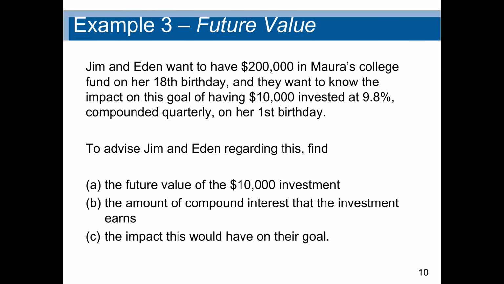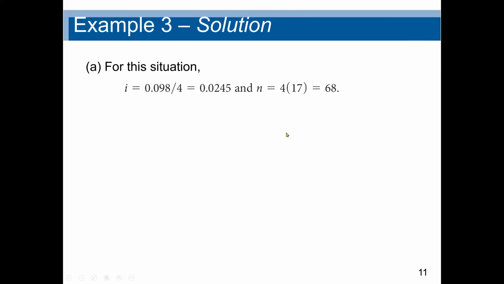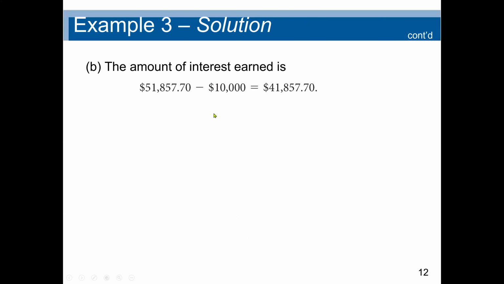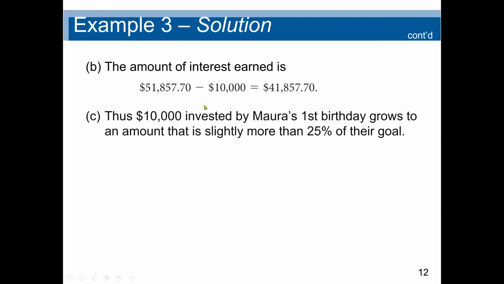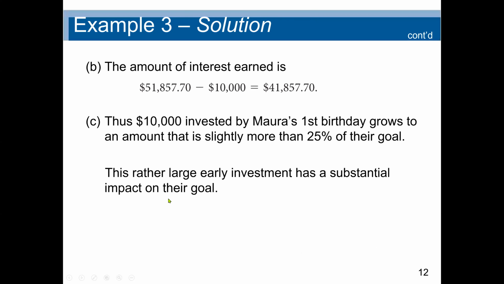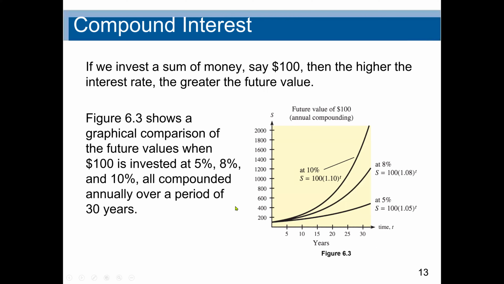So they want 200,000, and by looking at this investment, we have an amount of $51,857.70. So roughly we say 25% of their goal. So this rather large early investment has a substantial impact on their goal. Most likely they need to invest more money.